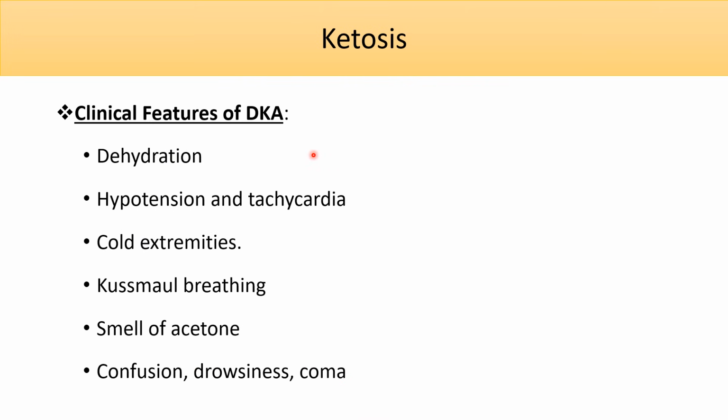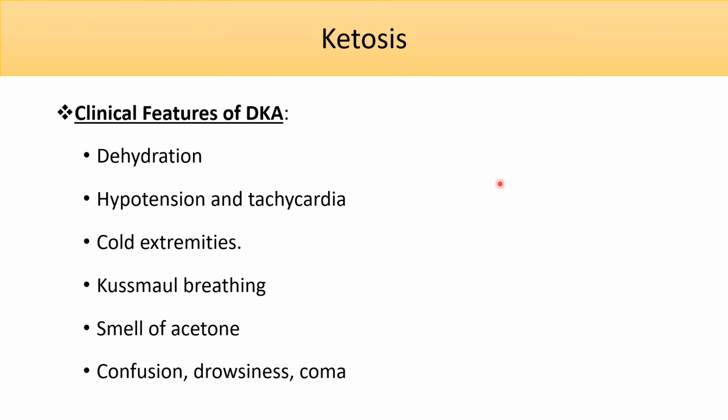In diabetic ketoacidosis, there will be increased blood sugar level. Because of that, excess glucose will be excreted in the urine. That is, the patient will have glucosuria. Okay, and I had told you glucose is an osmotically active particle. So wherever glucose goes, along with that, it will drag the water. Here the patient is having severe glucosuria, so there will be loss of a lot of water in the urine.